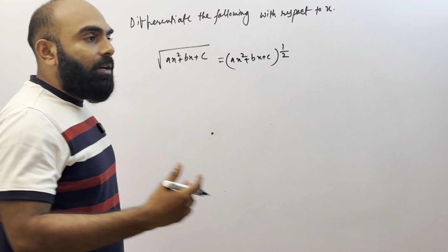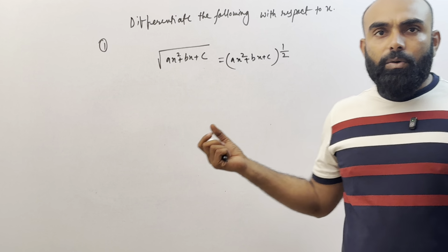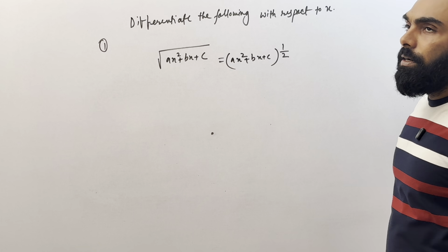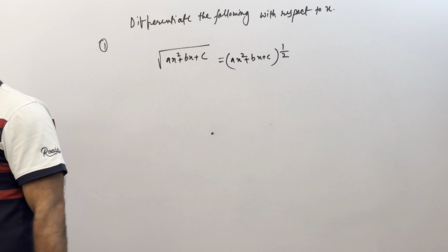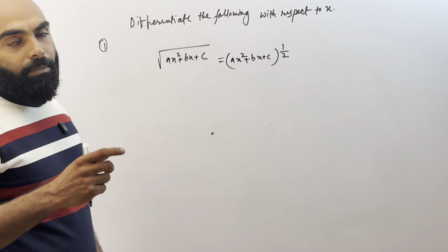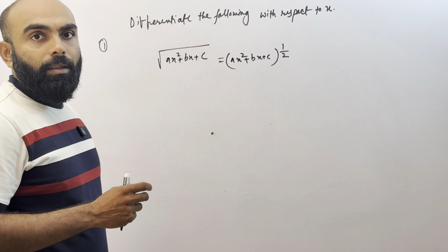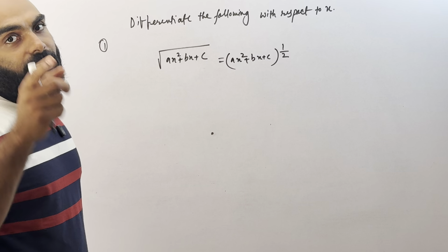Always try to convert the root function. Whenever a root is written, always write it as ax square plus bx plus c to the power 1 by 2, so it comes in bracket form, bracket to the power of some power. And whenever you see the bracket, whatever is inside the bracket, consider as t.